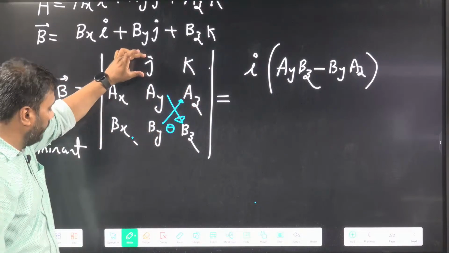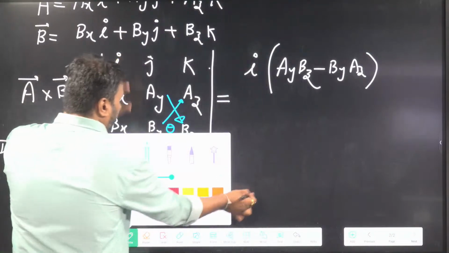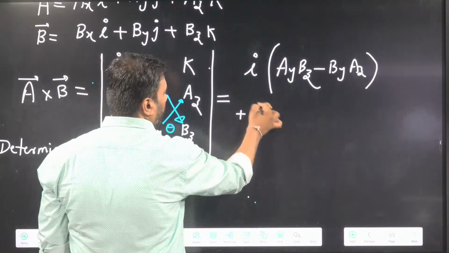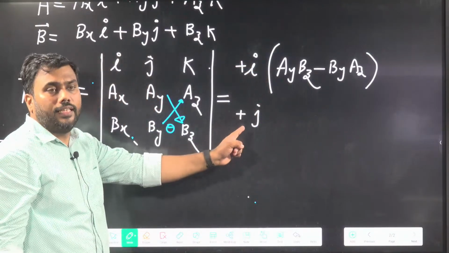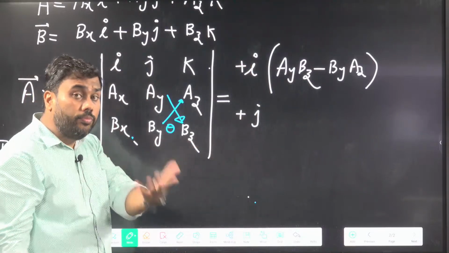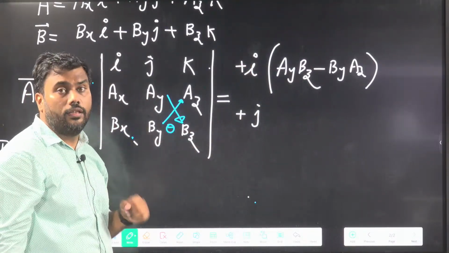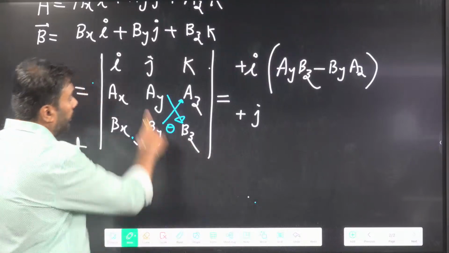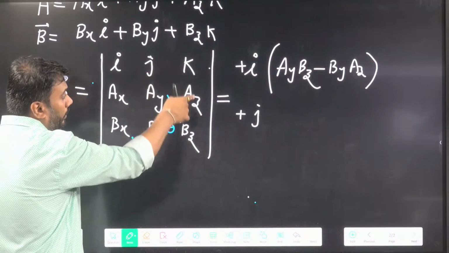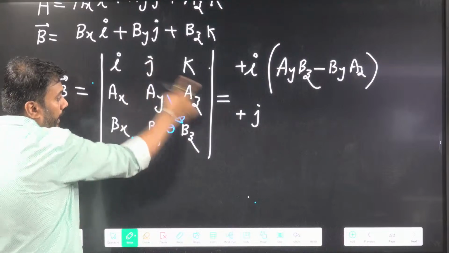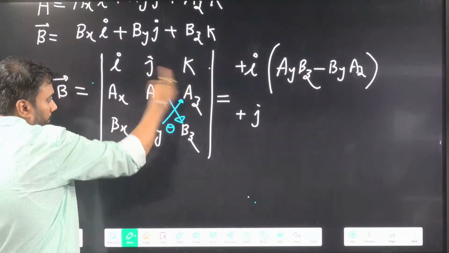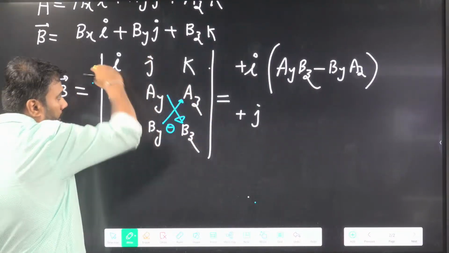Now start with j. For the second term we will start with j. I am writing a plus sign here. Remember, I am writing a plus sign here. Some books say there is a negative sign here, but I will use a positive sign because I will always go from the next term. So multiply j with AZ BX. Remove this row and column.